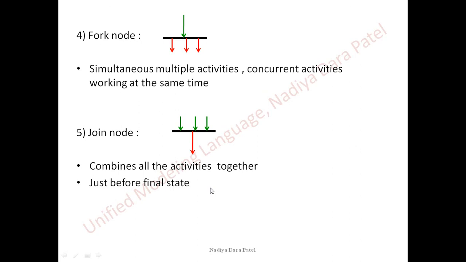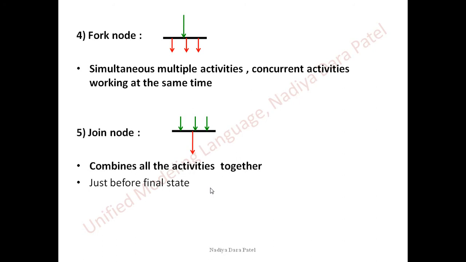Similarly, fork and join nodes come in pair, one after the other. The fork node shows us the simultaneous multiple activities, or the concurrent activities, which are working at the same time. The join node combines all the activities together just before the final state. For example, calculating bill is one activity.